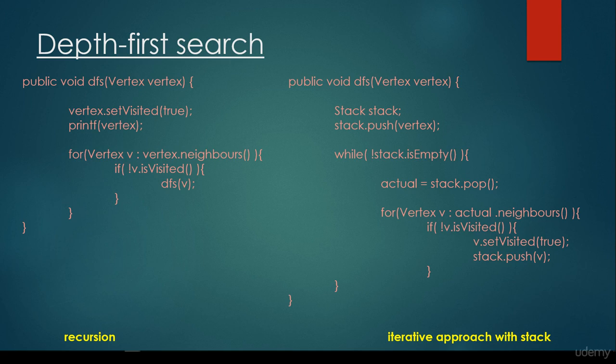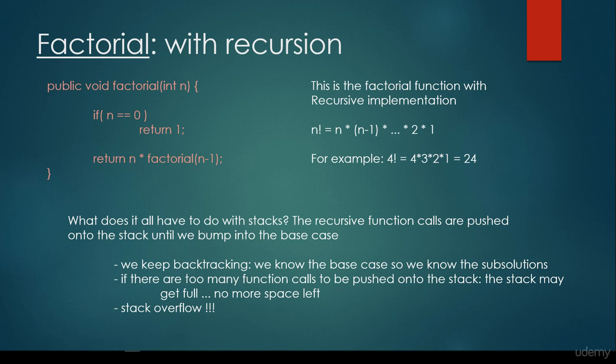This recursive method call can be transformed into a while loop that uses a stack. We iterate until the stack is empty, and we just push vertices to the stack. This is how we are able to transform a recursive implementation into an iterative approach, and the iterative approach into a recursive implementation.